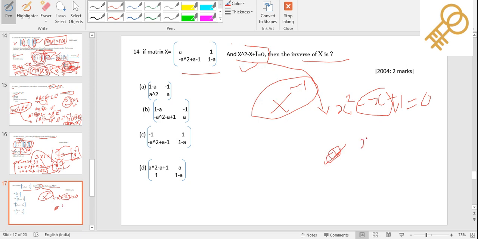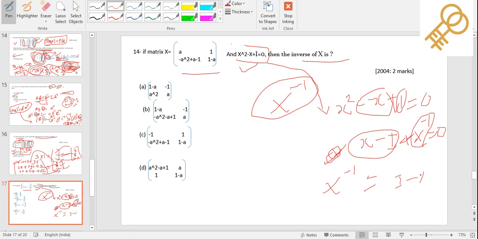Here you'll get X, minus the identity matrix, plus X inverse, is equal to 0 only. So here is your X inverse, and we have to find out this value only. So take the rest to the right side. The final answer will be X inverse is equal to the identity matrix minus X.